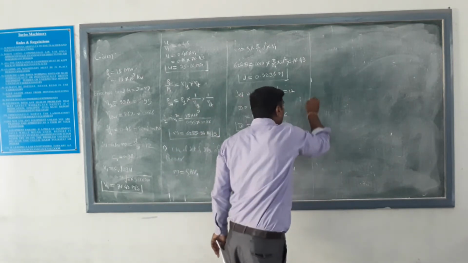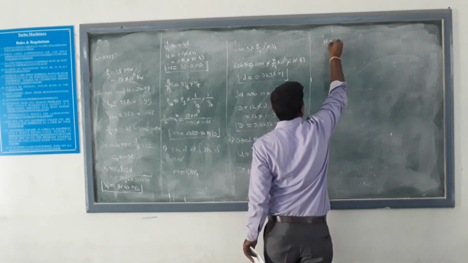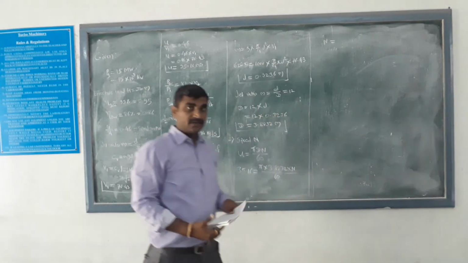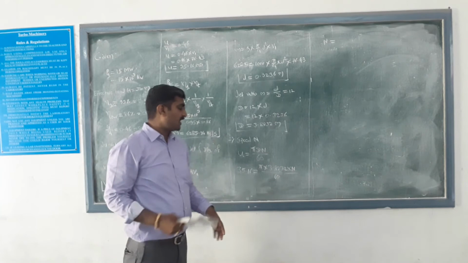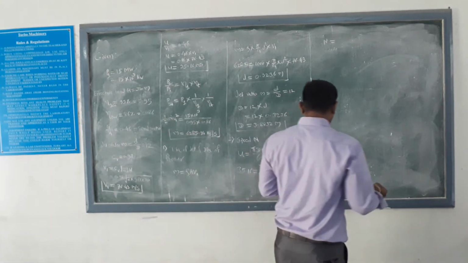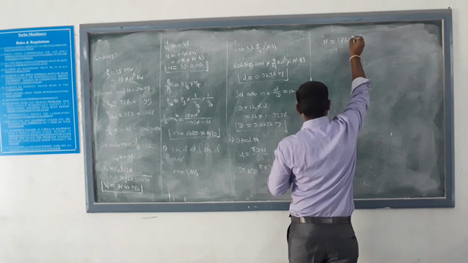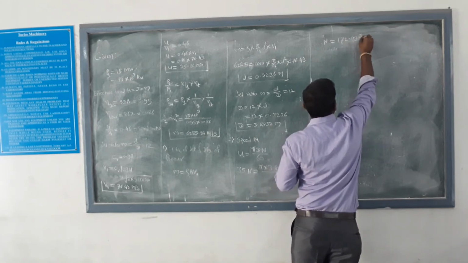From this equation, the only unknown is N. So find out N. Speed equal to 172.93 rpm.